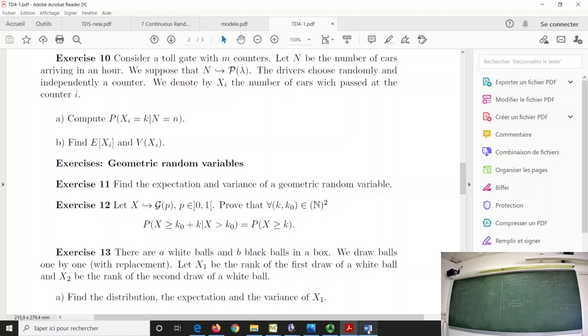So I replace by the definition of a geometric, and I have this sum to compute.